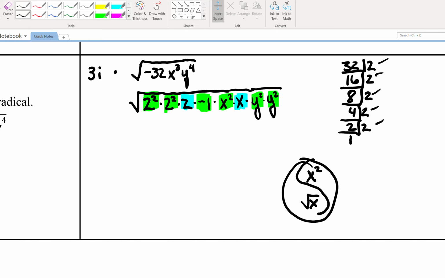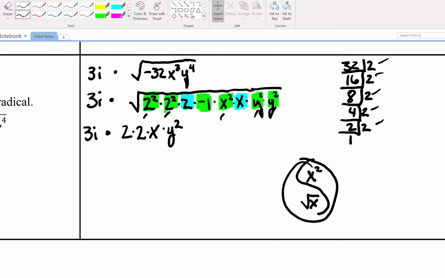First of all, I still have that 3i there. So I'm going to put 3i times 2 times 2 times x times y, but there's 2 of them, 1, 2. So that's y squared, check, check, check, check, check, y and y.